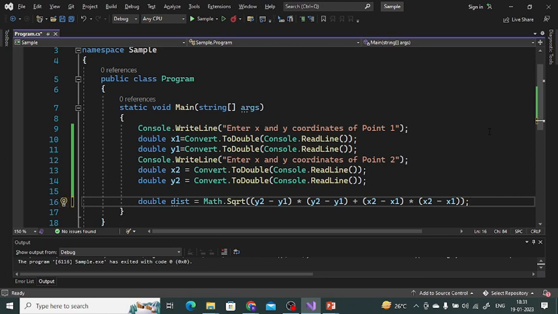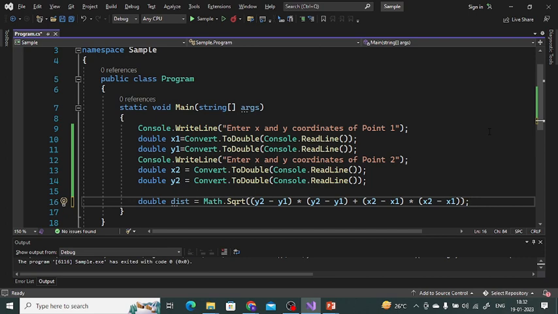Again I repeat, y2 minus y1 the whole square. You can make use of the pow function here also. Internally it will be Math.Pow(y2 minus y1, 2), so it's the square of that. But I just made it simple for the time being for you to understand. So it's the square of y2 minus y1 plus the square of x2 minus x1.